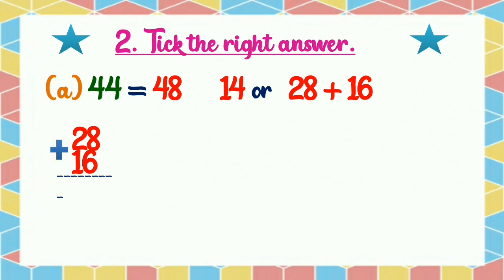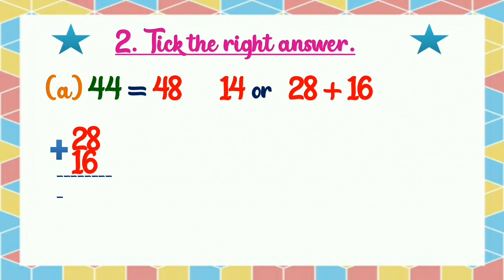Firstly we take the first digit from the right side. So now 8 plus 6. It's 8 and 6.